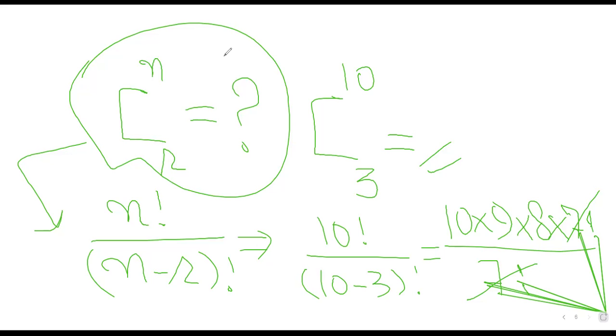How many different ways are there for duties to be assigned to employees? I mean to say, how many ways? So what you are looking for is the combinations out of those 10 employees, 3 can be selected at random.